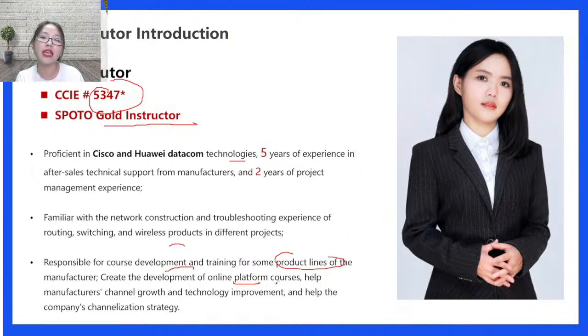However, in the process, I also encountered various VPN problems. Then I kept summarizing and communicating with my tutors and classmates. In the end, it only took me 2 months to pass the CCIE exam at one time. So I hope you can do it also.